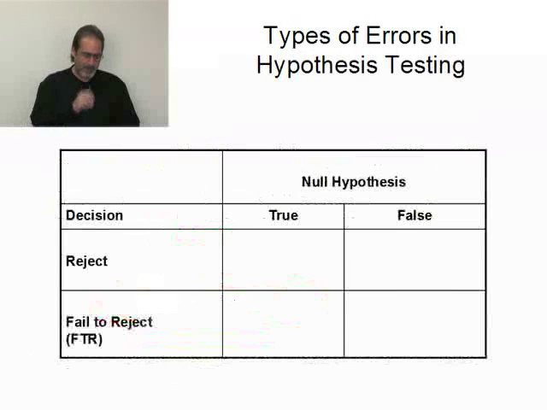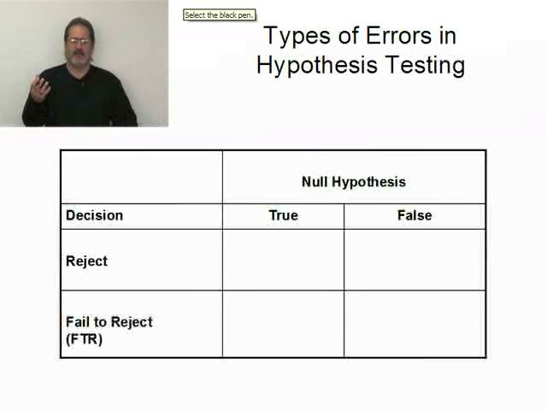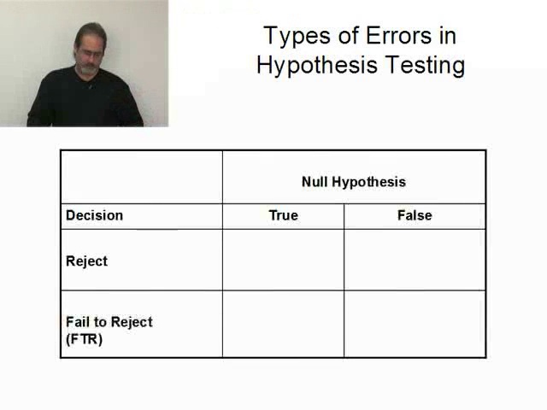Now, remember I said that there's always a possibility of making an error, making a mistake, whenever you make a decision based on probabilities. In reality, the null hypothesis is either true or it's false. If you reject the null hypothesis when it's actually true, that's bad. That's an error, and this particular error we refer to as a type 1 error.